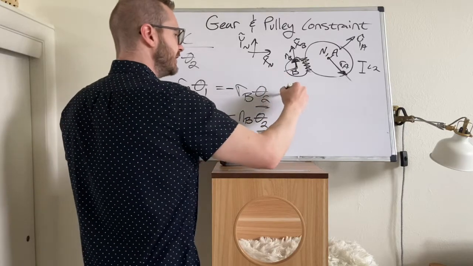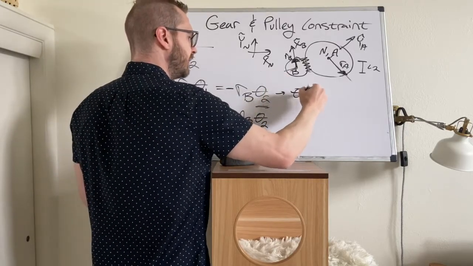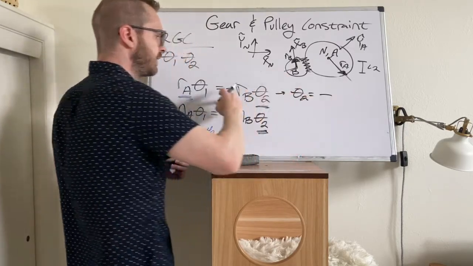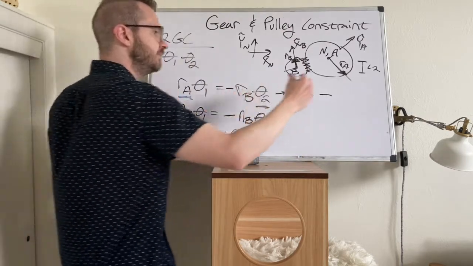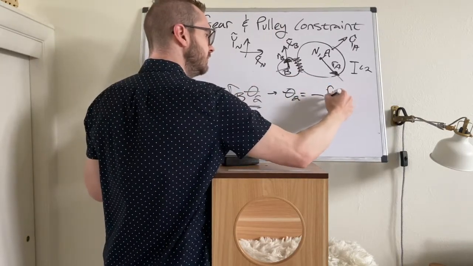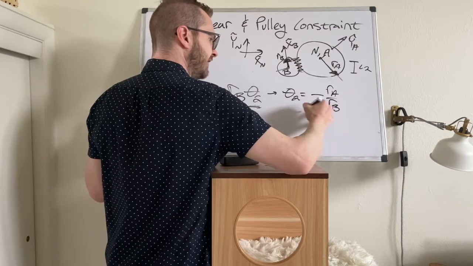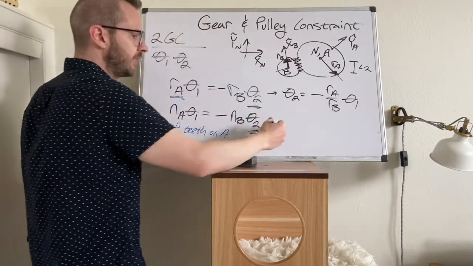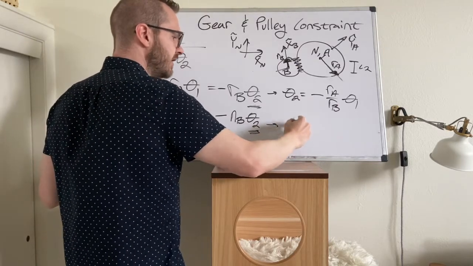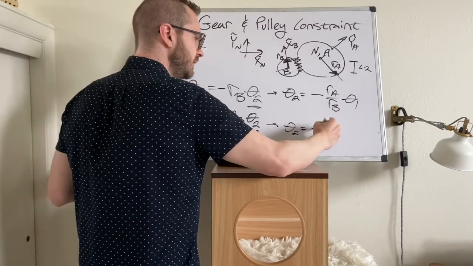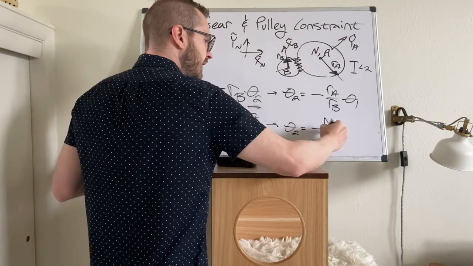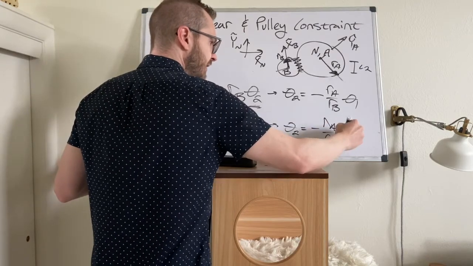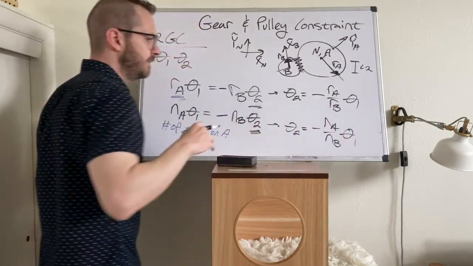So the first equation, this is going to become theta 2 equals, we're going to move the negative to the other side, RA divided by RB times theta 1. And we can do the same thing to the second equation. We can say that theta 2 equals negative NA over NB theta 1.